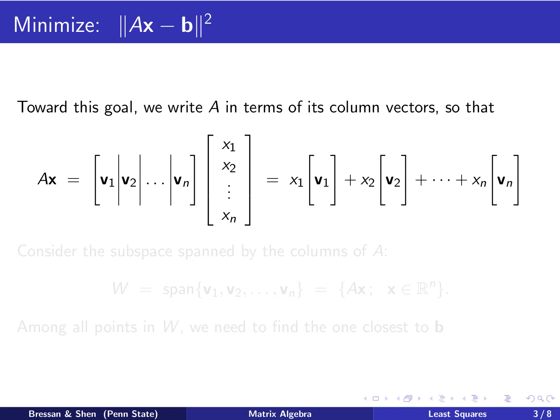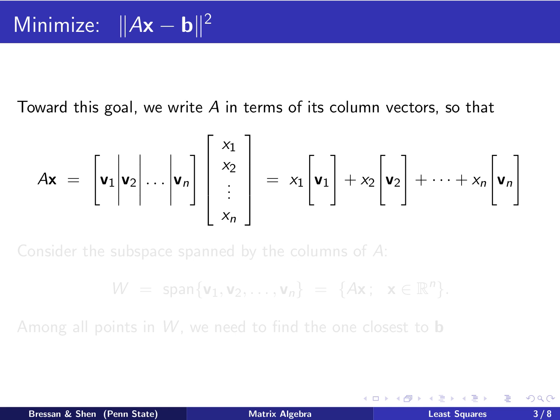We are familiar with that. If A has column vectors, then Ax equals the column vectors times the x vector, and if you multiply it out, this becomes a linear combination of the column vectors with the xi's as the coefficients. So you add up like that.